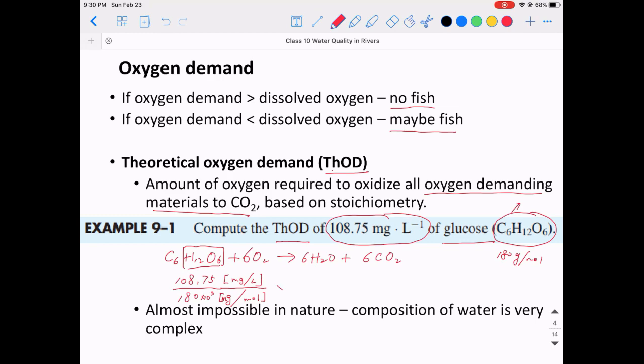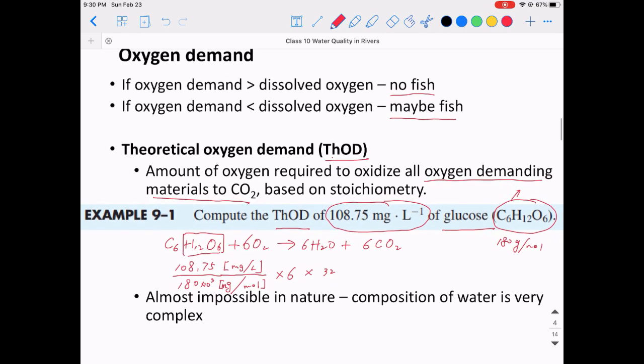Further, we can convert this to the amount of oxygen that's needed, because we're going to need six times the molarity of the glucose, right? And then we also need to multiply by the molecular weight of the oxygen, which is 32. And if we want to convert it into milligrams, we need to multiply by 10 to the third milligram per mole.